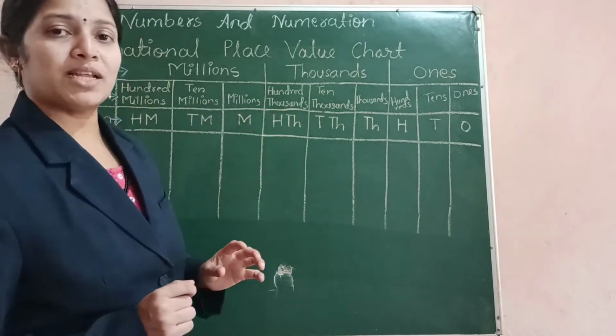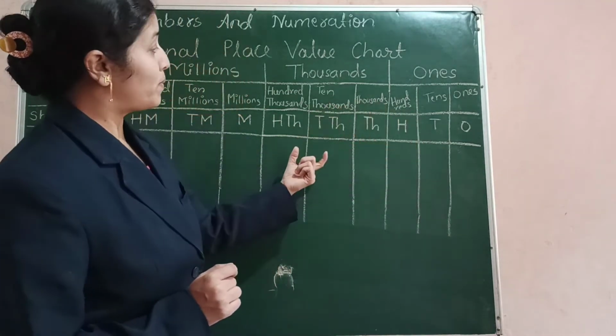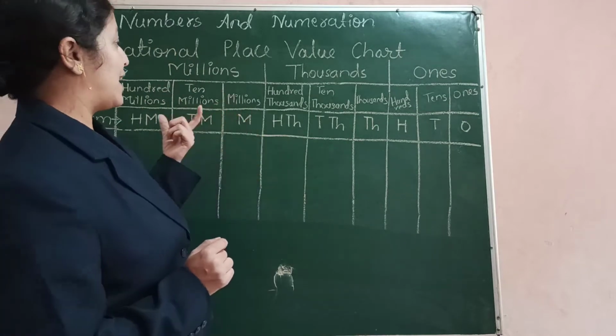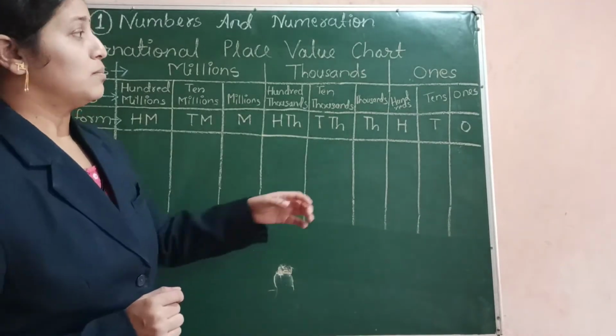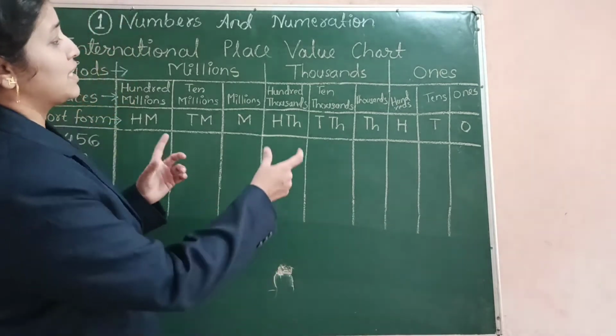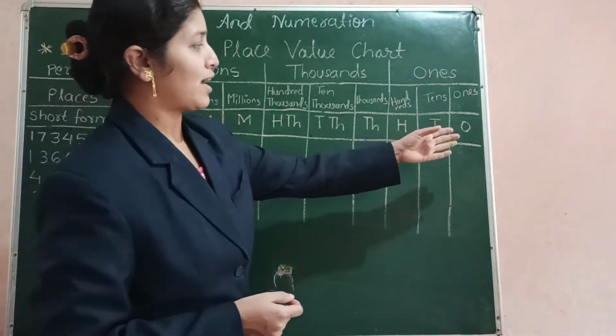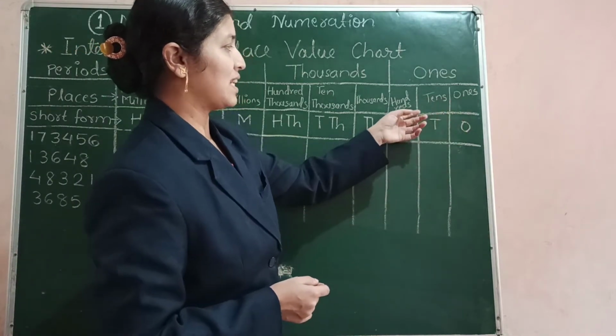In the Indian place value chart we had 3 place values in ones, 2 place values in thousands and 2 place values in lakhs. But in this international place value chart we have 3 place values in each period. Here we have 3 in ones: ones, tens and hundreds.